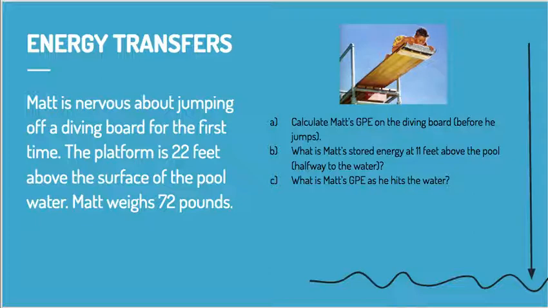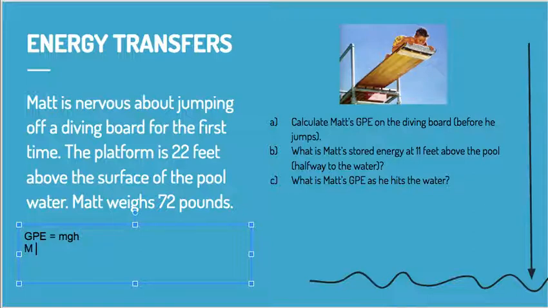So the next step is to calculate Matt's GPE on the diving board before he jumps. To calculate GPE, we need GPE equals mass times gravity times height.